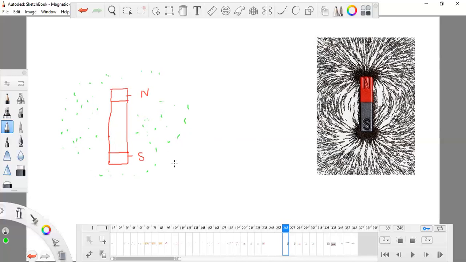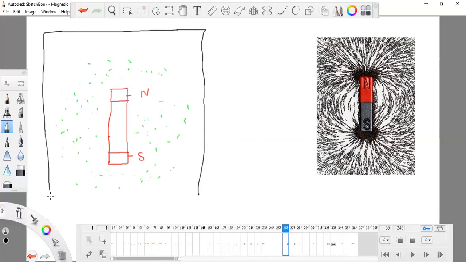Okay, now I will tilt this paper, because I am doing this on paper. I used a cardboard and placed a magnet, and these are two poles, and I just put so many iron flakes. After that I will tilt this.